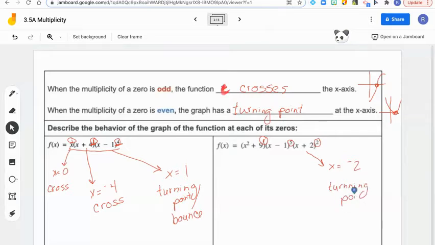It's going to touch -2 and then go back in the other direction. Here, when x is equal to 1, it has an odd multiplicity, so it's going to cross my x-axis. Now notice what's happening here. This one we are going to need to use our quadratic. We don't have a specific 0 here.